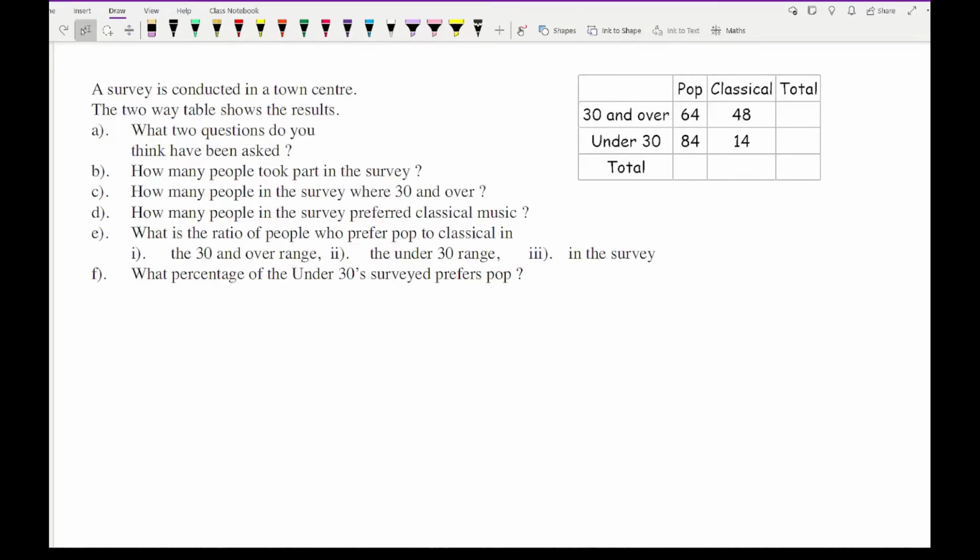So let's have a look at this second question, and we'll start by writing number 2. So in this question, it says that a survey is conducted in a town centre. The two-way table shows the results, and the question is asking what 2 questions do you think may have been asked. So I'm going to go out on a limb and say for part A, I'm going to say what age group are you in?